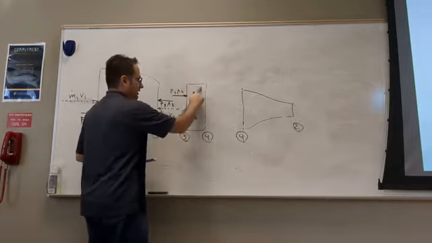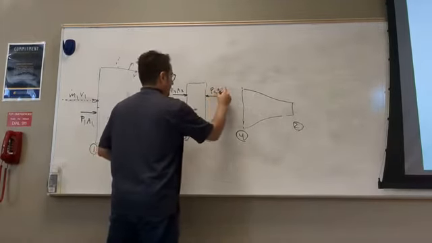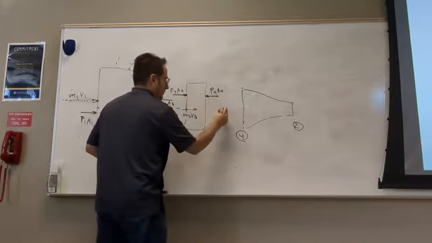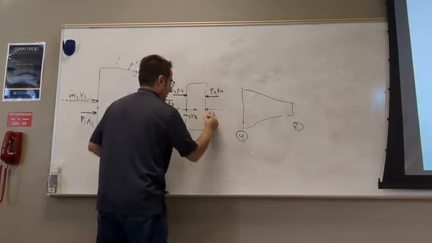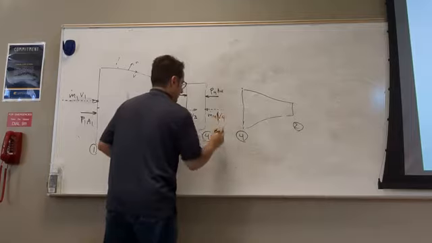Then nothing here, and here you have P4, A4, and the velocity is going this way, so you put opposite here, M dot 4, V4.